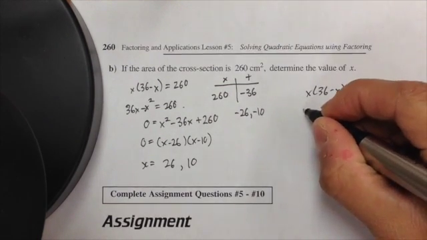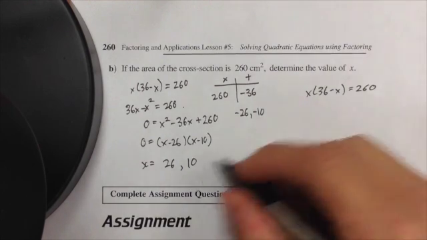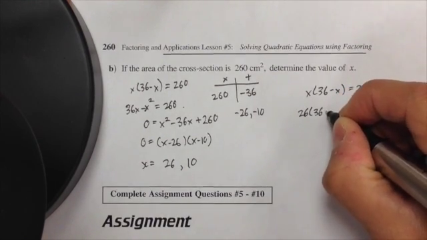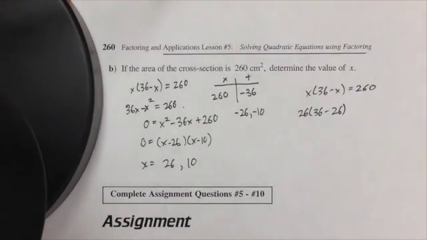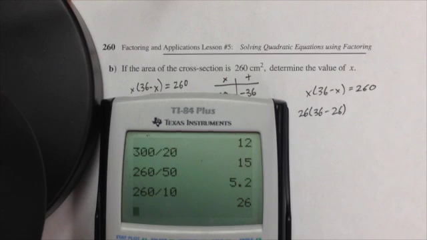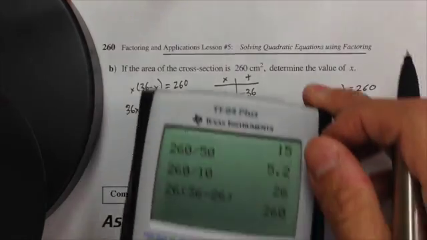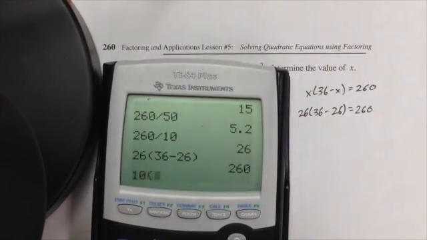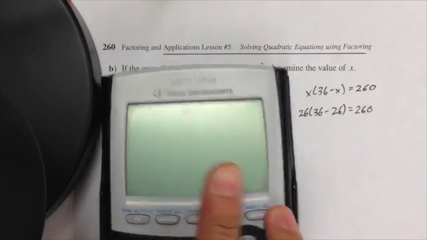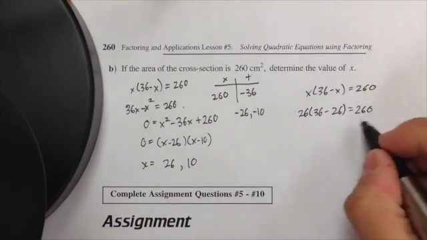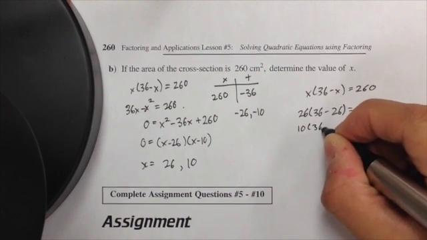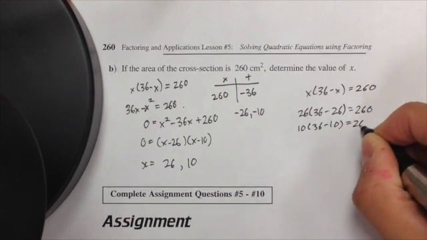So if x is equal to 26, 26 times 36 minus 26 is equal to 260. Good. And let's see, 10, 10 times 36 minus 10, 260. So according to our calculator, both of them will equal 260, which makes sense because that's what our quadratic equation told us.